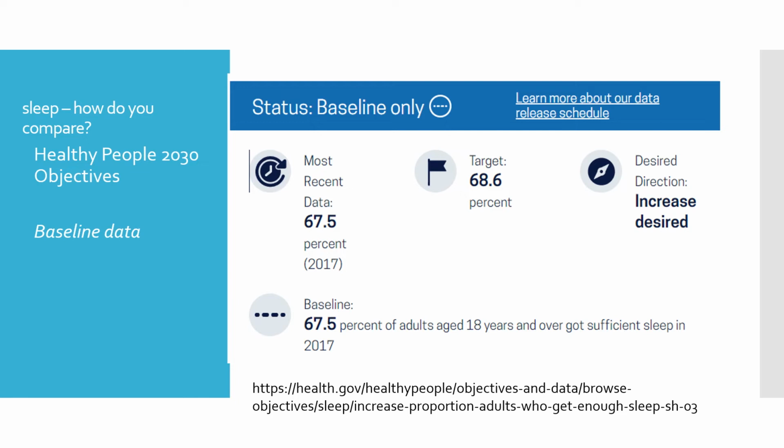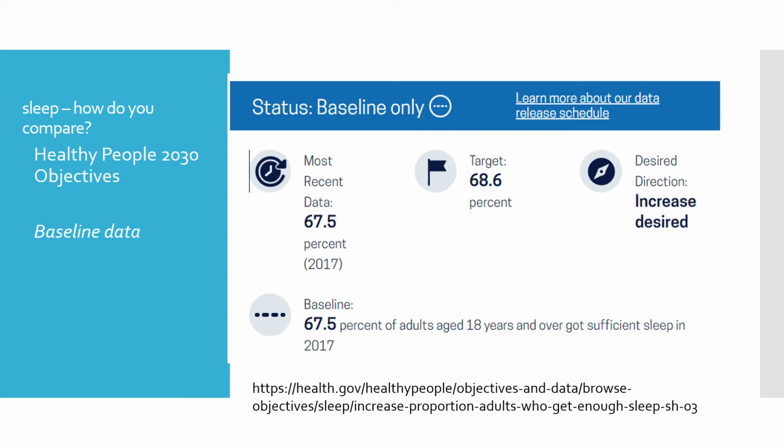And these objectives are made about different areas about our wellness or our health. And every 10 years, they are adjusted or revamped based upon needs. There's baseline data that's collected, and then what's our projection, our target for 2030.